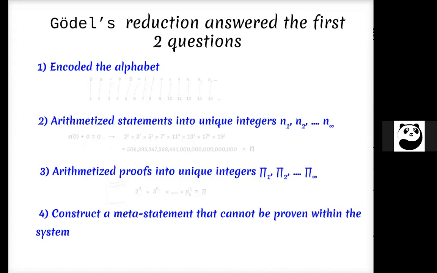And then we further arithmetized proofs, which are nothing but a series of statements, using the same strategy. We raise the first prime number to the number that we got in step 2 for that statement, the second prime to the second statement, and so on, until we arrive at the end to a unique number for that proof.